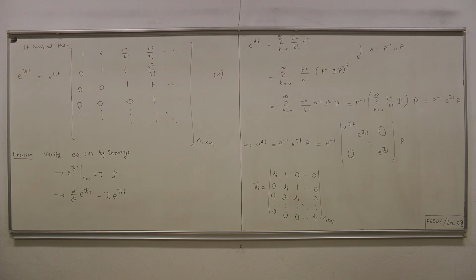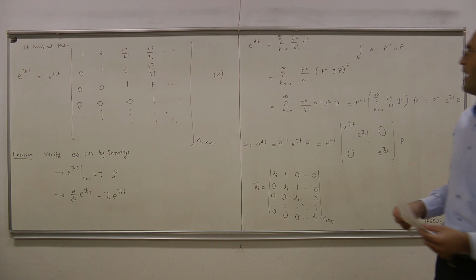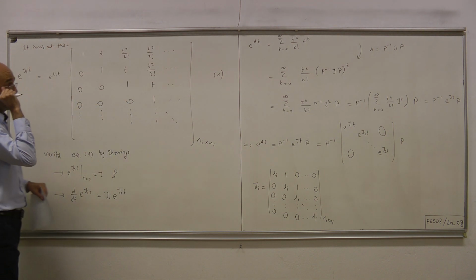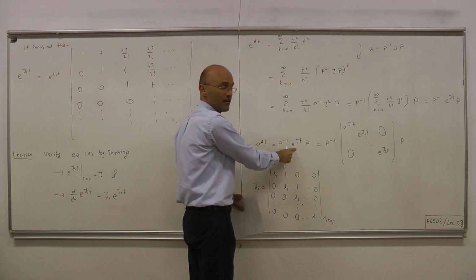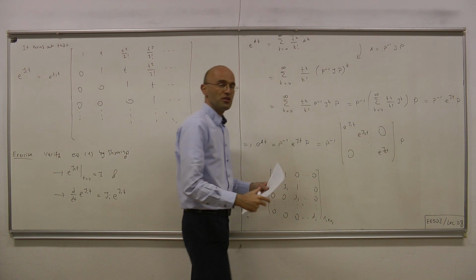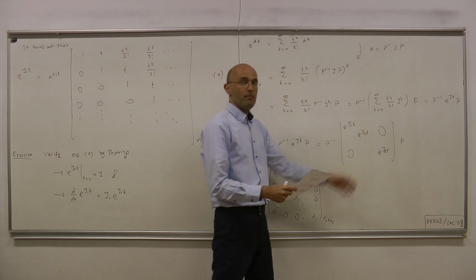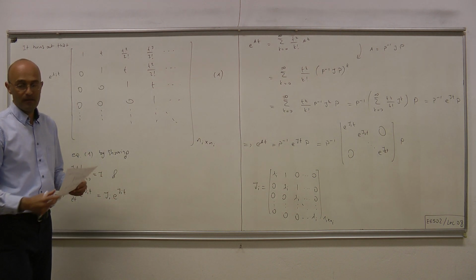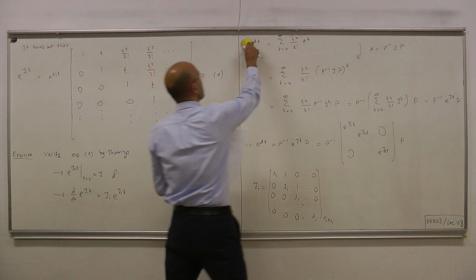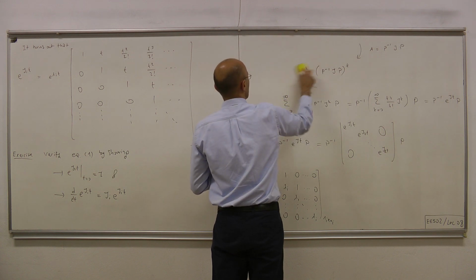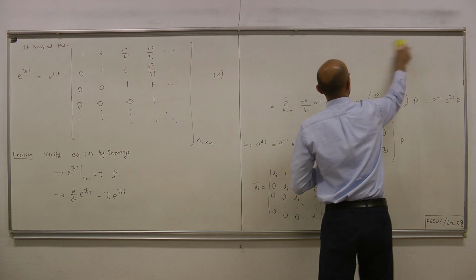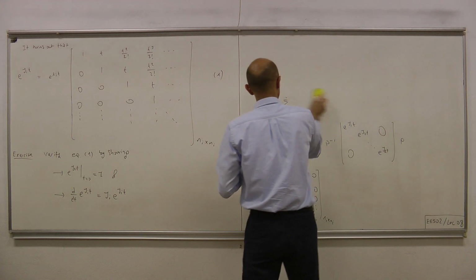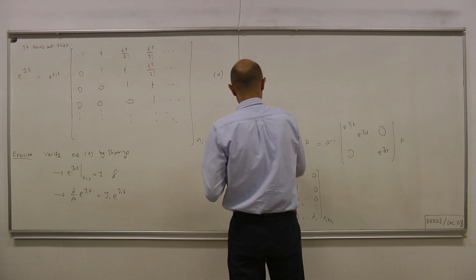Now, by looking at this, e to the Jt has all these e to the Ji t terms appearing as diagonal blocks. We can now reach conclusions regarding the behavior of e to the Jt.